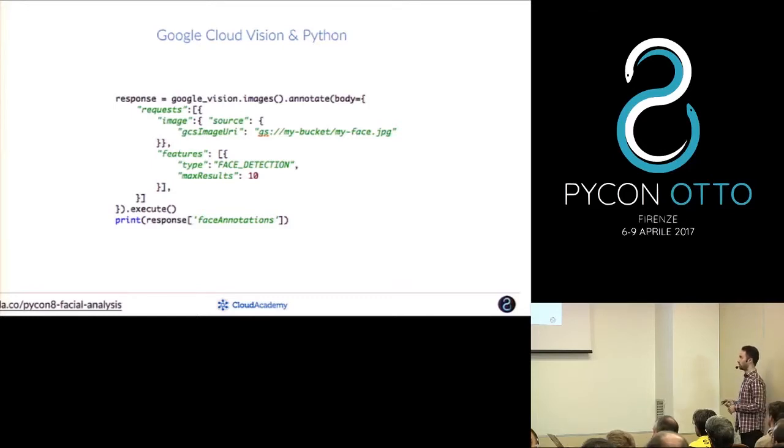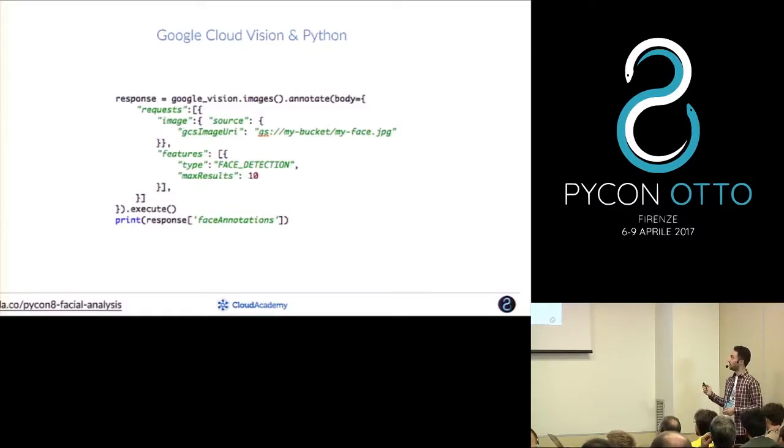So with Google Vision, you can do label detection and logo detection and text extraction. You can do a lot of stuff. In this case, I am asking just for face detection. And I'm saying just give me the first 10 faces, because it takes almost linearly longer if there are more faces in the image to compute. I can imagine why. And again, you will get a response maybe in 200 or 300 milliseconds, and you will have some face annotations with the features that you requested.